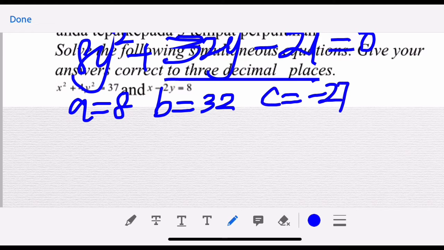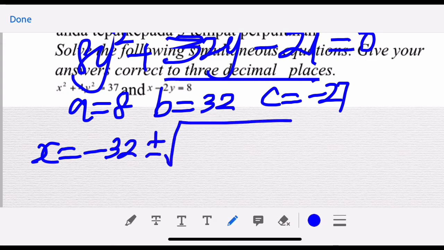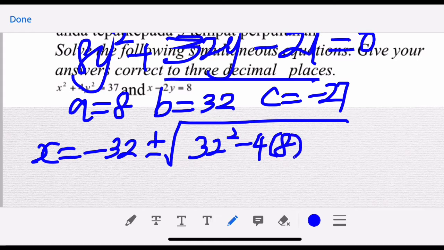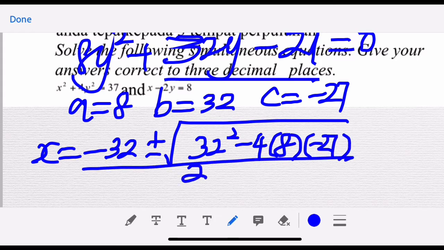If you substitute into the formula, you get x equal to negative b plus minus square root of b squared minus 4ac, over 2 times a, which is 8, right?